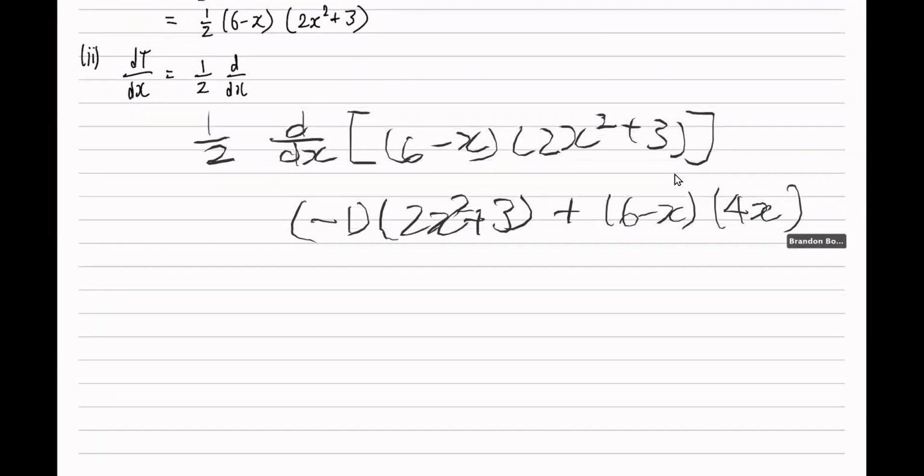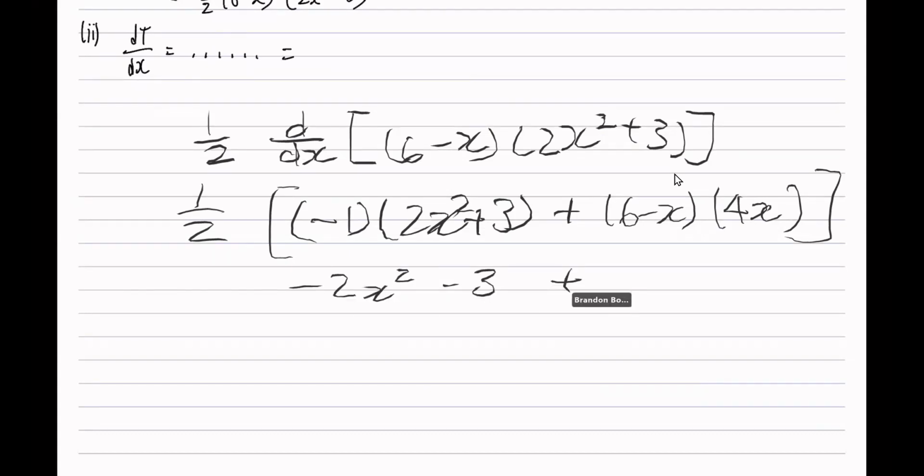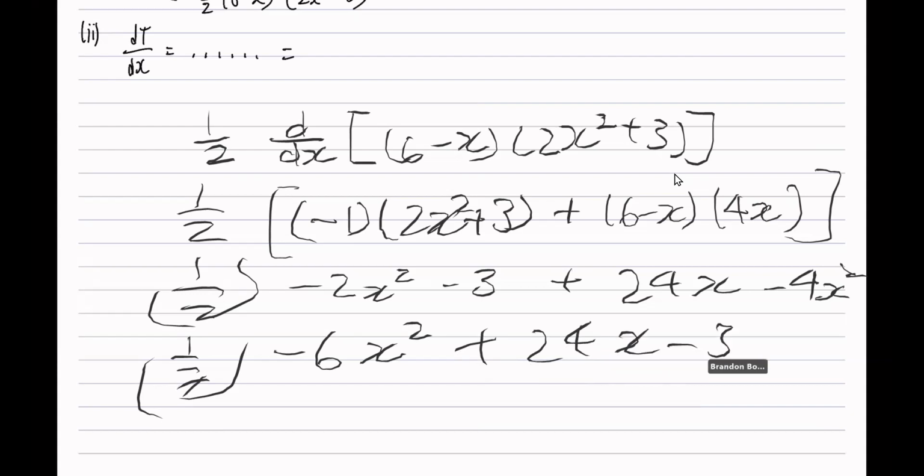Yeah, that's it. Half, minus 2x squared minus 3 plus 24x minus 4x squared minus 6x. Bring down the half bracket. 6x squared plus 24x minus 3. Half, minus 3x squared plus 4x.